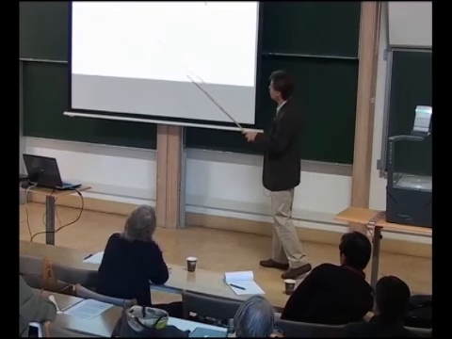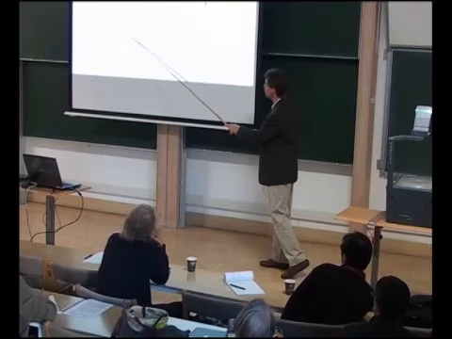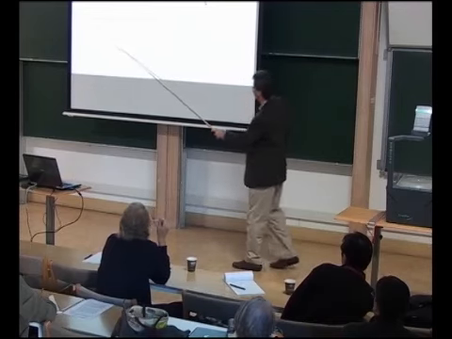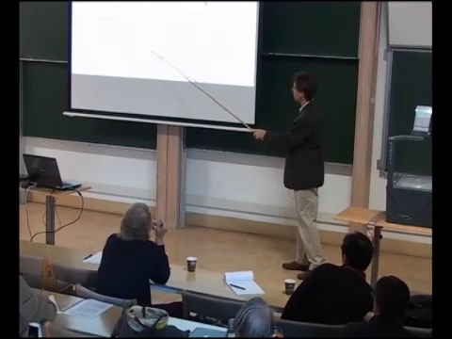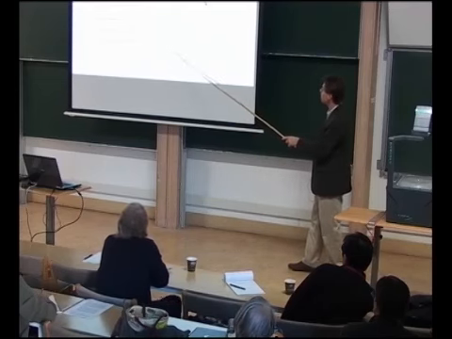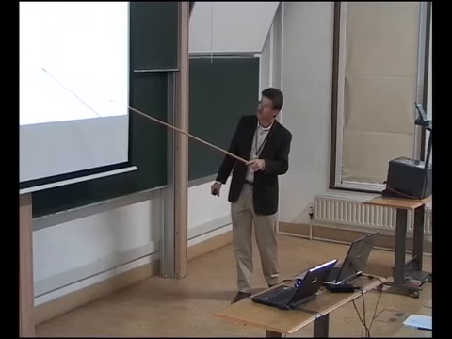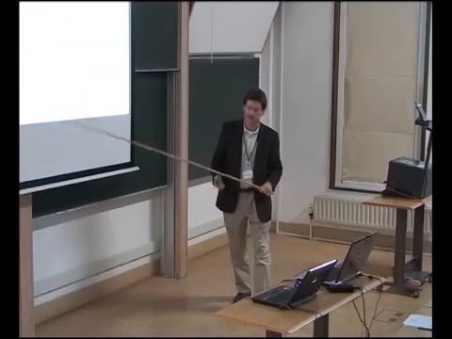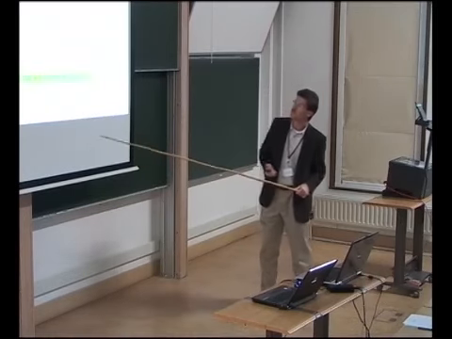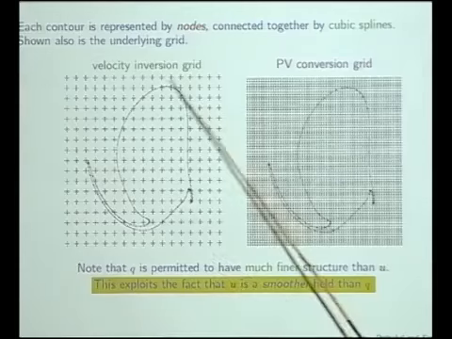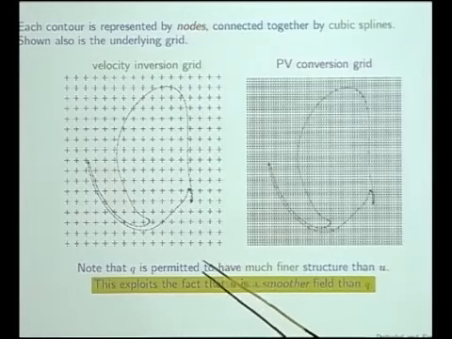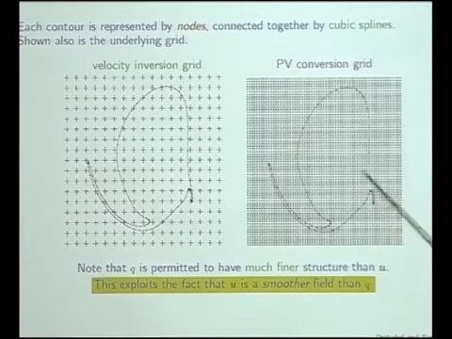And then to tie the Lagrangian and Eulerian approaches together, we use two procedures: fast filling to find the potential vorticity or a tracer on the grid given its representation on contours. And then in the reverse, we need bilinear interpolation to get the velocity on points on the contours from the gridded velocity field.